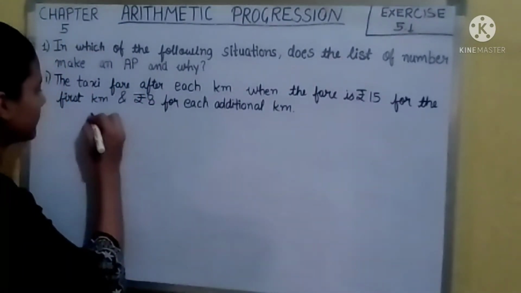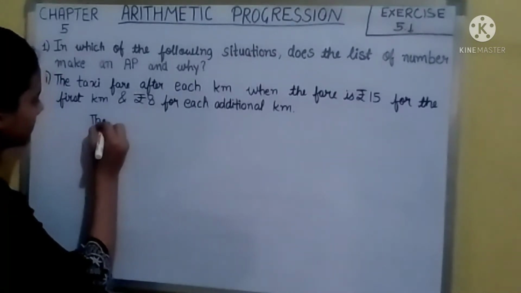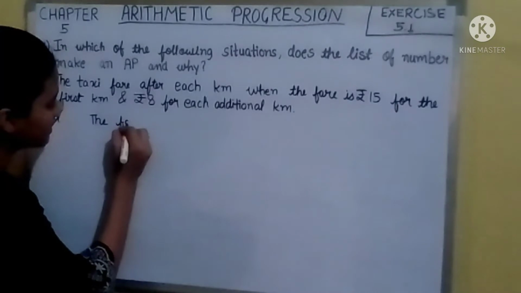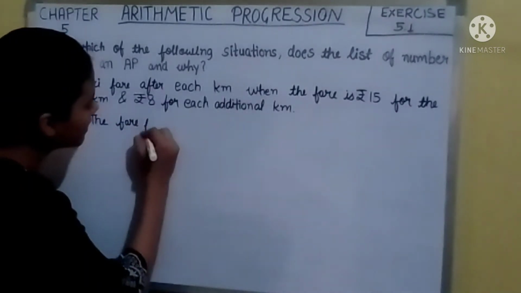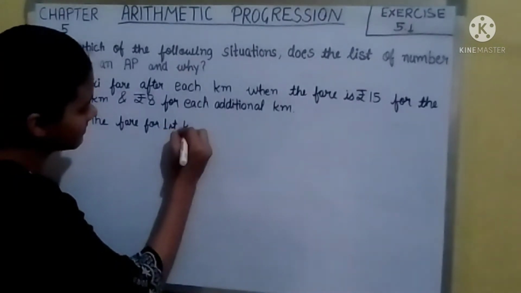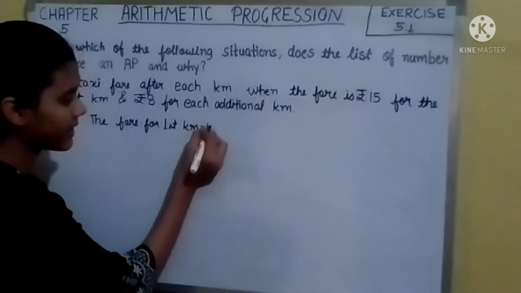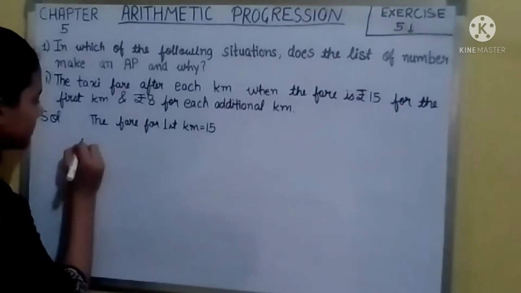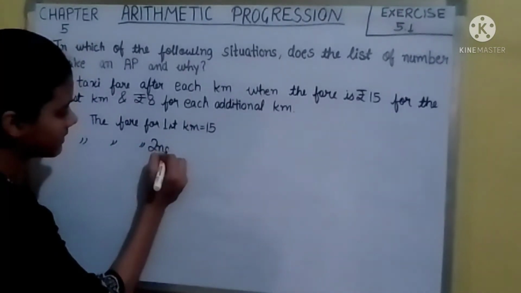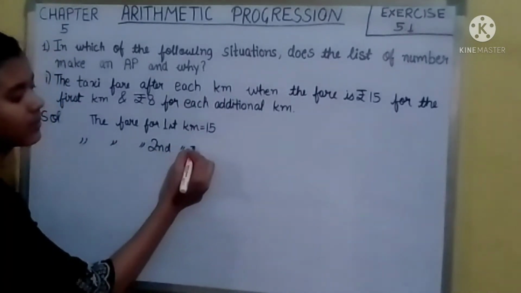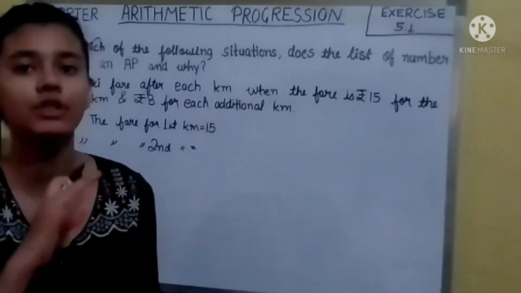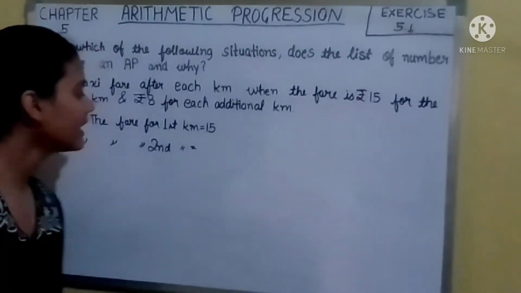Here the solution starts. The fare for the first kilometer is 15. Then the fare for the second kilometer. It is told in the question that after the first kilometer, 8 rupees will be added on.